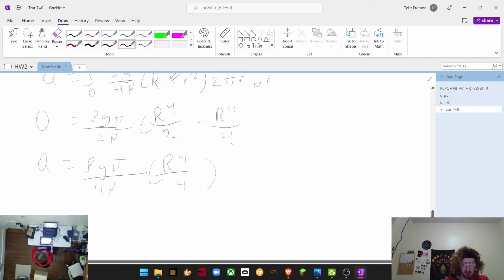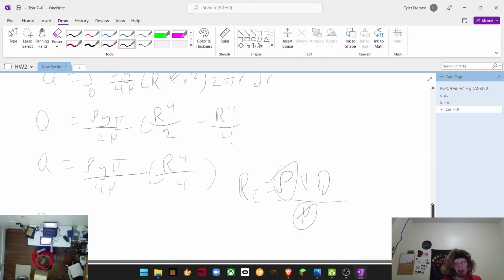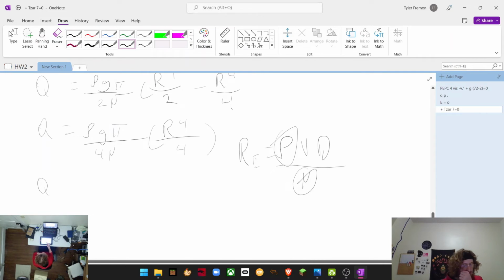And then we can rewrite this in terms of D, because when we look at our expression for Reynolds number, Re is going to be equal to rho times our velocity times our diameter over mu. We have rho, we have mu, and we can pretty easily put in D, so then we'll just have to find a way to express v in terms of other quantities.